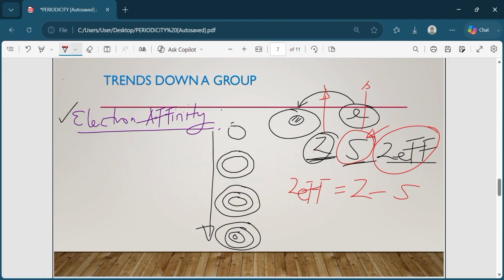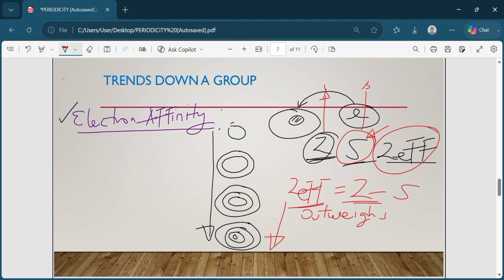So the screening effect is going to outweigh the nuclear charge. The word outweighs matters. If screening effect outweighs the nuclear charge, ask yourself what happens to effective nuclear charge. It is going to decrease. The trend down a group will be seen decreasing.